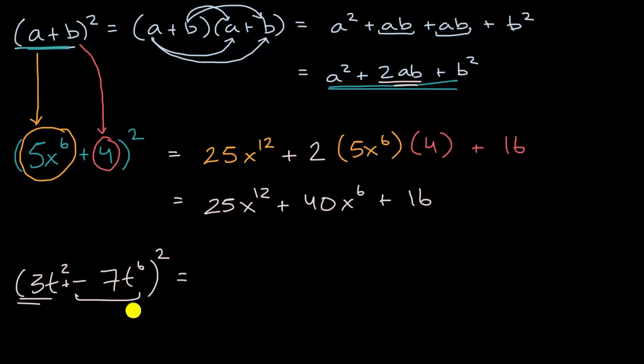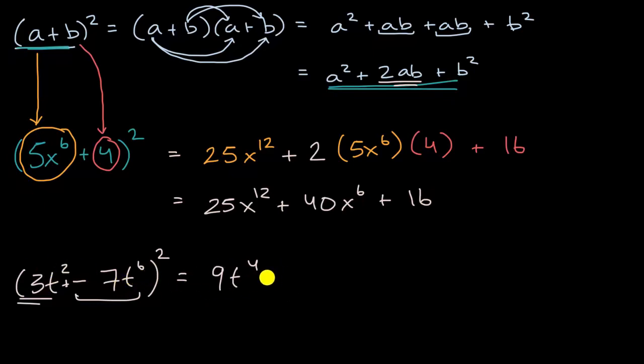So this is going to be equal to a squared, which is 9t to the 4th, plus 2 times this, 2 times a times b. So 2 times 3t squared is going to be 6t squared, times negative 7t to the 6th. Actually, let me write this out. This is getting a little bit complicated.